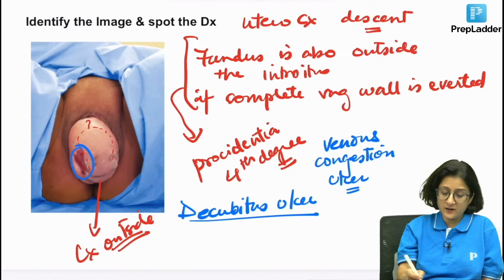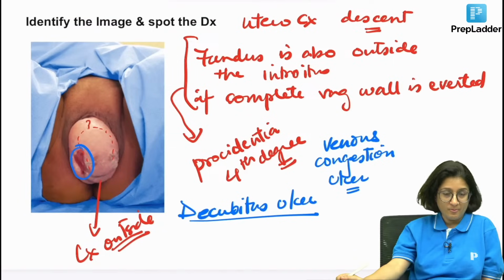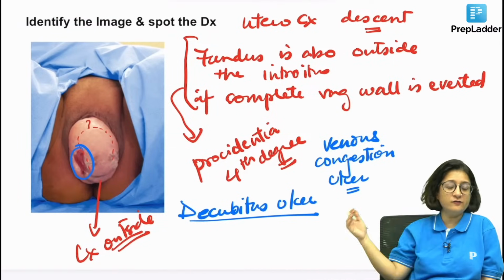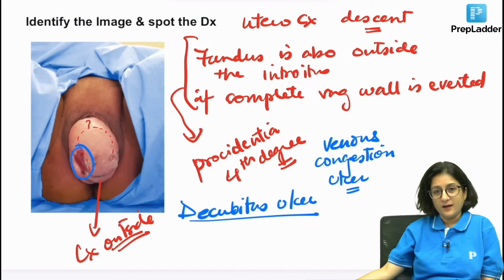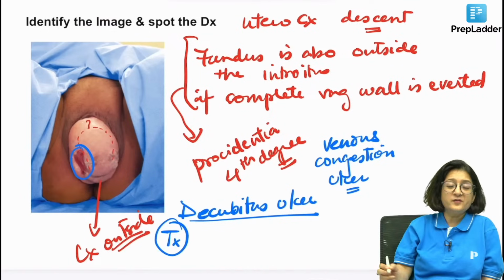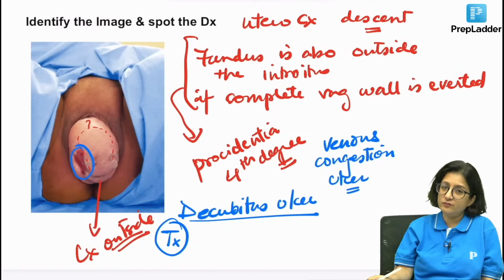Women with prolapse can also bleed from this ulcer. And especially if it is bleeding, one can always think about the possibility of malignancy in this ulcer. Before deciding on such patients, one should always consider whether they have been screened or not. So this is a venous congestion ulcer. Before surgery, this ulcer has to be treated.